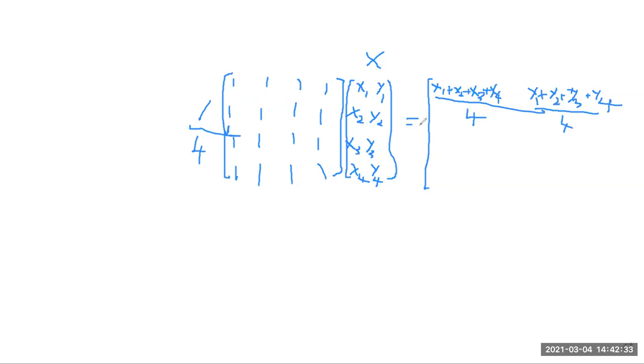And now in the second row, I'll again get these, right? Because I'm again multiplying 1, 1, 1, 1 with all the x's here, and then 1, 1, 1, 1 with the y's here. And then when I take 1/4 of that, again, I'll get the same thing, correct? So basically, this is the mean of the x's transposed, correct?